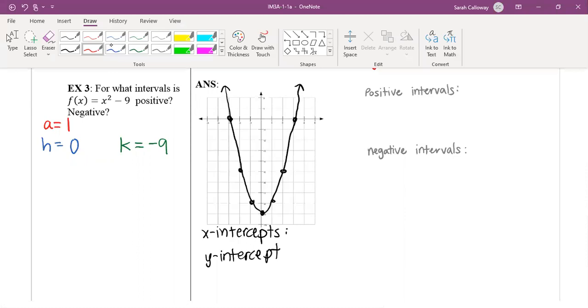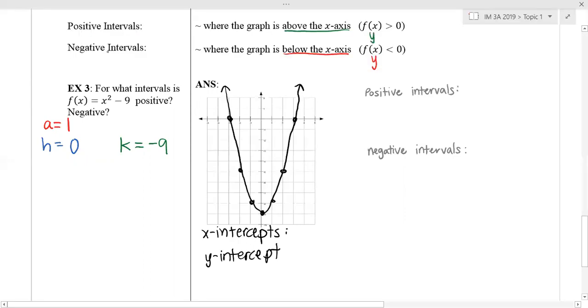And so we want to identify those to help us go through these intervals. So this graph is crossing the x-axis at (-3, 0) and at (3, 0). And then it's got a y-intercept. It's crossing the y-axis at (0, -9) at its vertex for this problem.